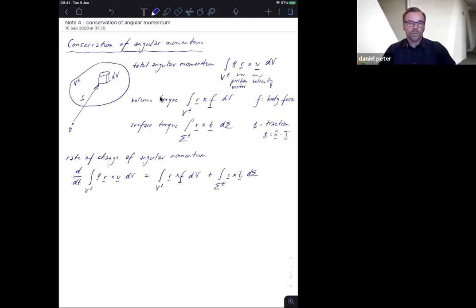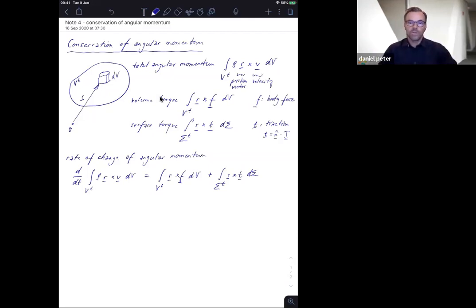If you want, you can also think of Newton's second law. So F is equal to mass times acceleration. Here it's very similar. So if you look at the torque, it's basically the cross product of the force with its position vector r, like the lever.